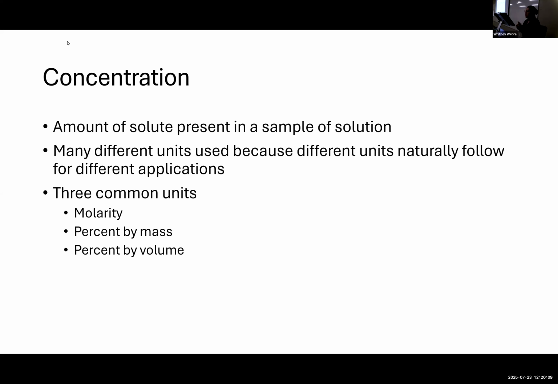There are three common units: molarity, percent by mass, and percent by volume. In the rest of this section, we are going to do molarity only. But when you hit Gen Chem and maybe even further, you will see these other definitions. So when you hit those other definitions, make sure you really, really understand what is a solute, what is a solvent, and what is a solution.